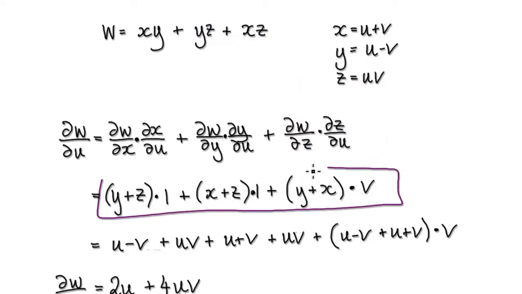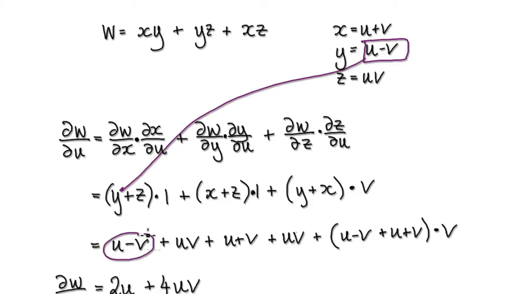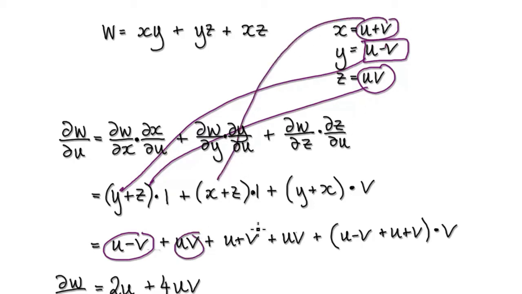But we don't want the answer in terms of x, y, and z. So we would put this into the y. That would then give us this thing here. We would put this into the z. That would then give us this thing here. We would put this into the x. That would then give us this.